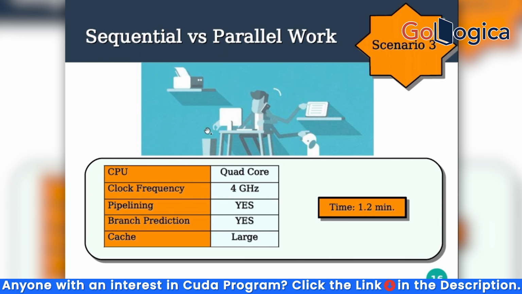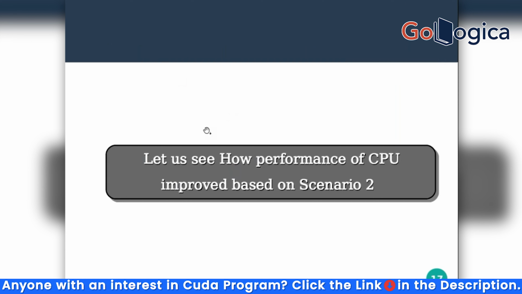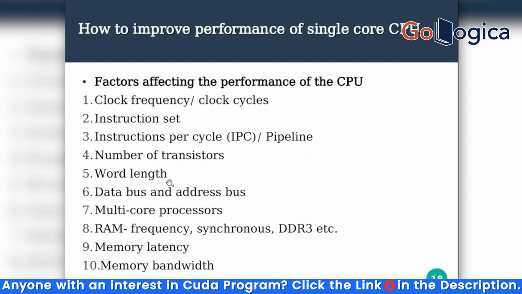So now let's discuss how we can improve the performance of a CPU, a single core device. There are different parameters associated with improving the performance of a CPU. This is again just to give you a clear idea why we are moving from CPU to GPU.